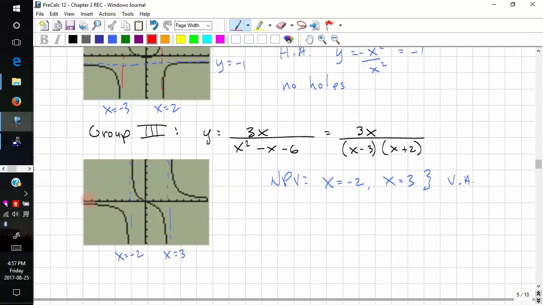We also have a horizontal asymptote, y equals 0. We divide the leading terms.